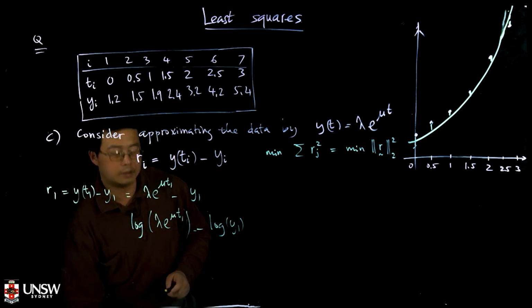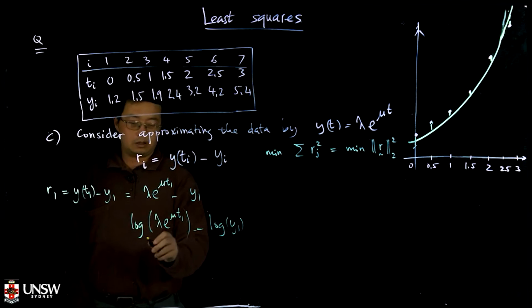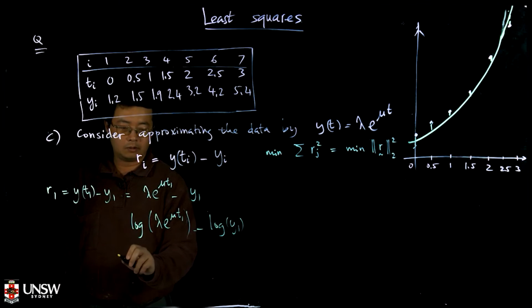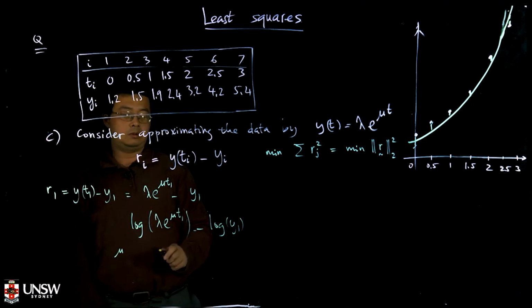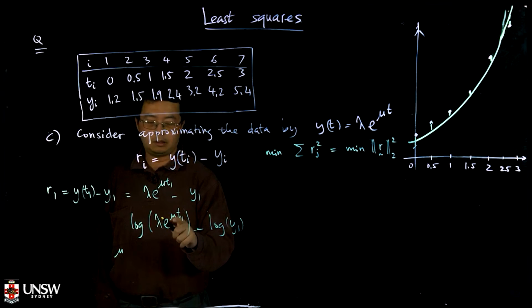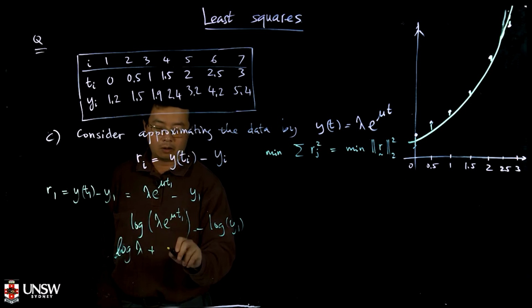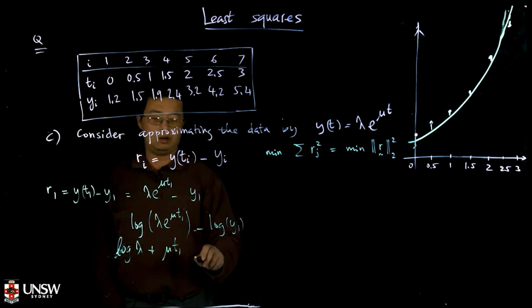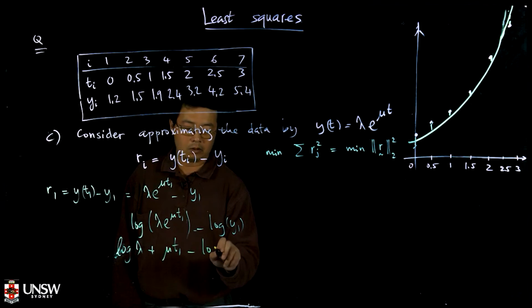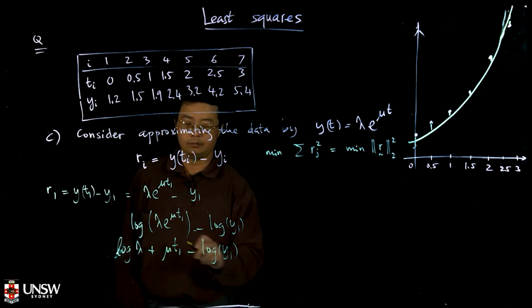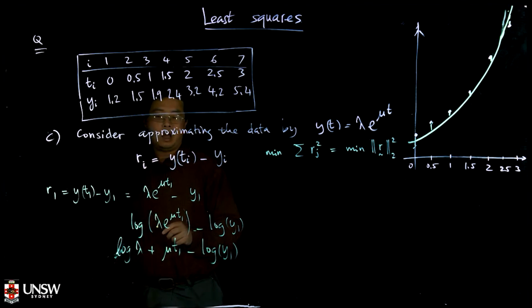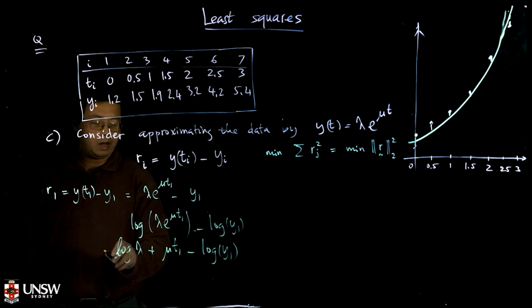Okay, then when you take the logarithm, the power will come down. So you have mu. So first you have the logarithm of lambda, then plus the logarithm of e to the mu t1, so just mu t1, okay, then minus the logarithm of y1.